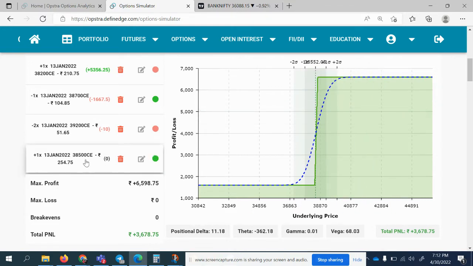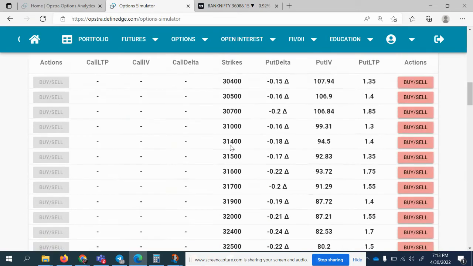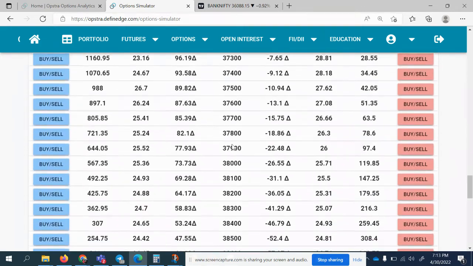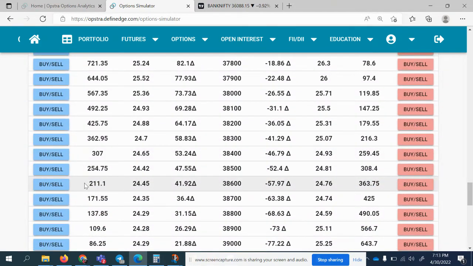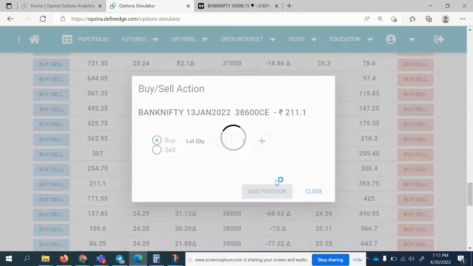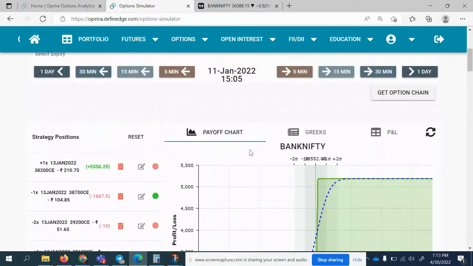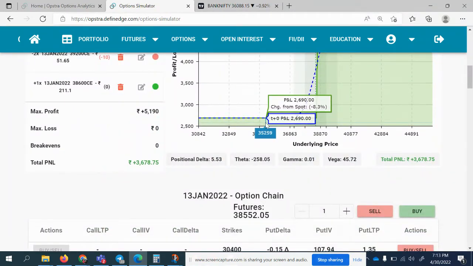Rather than buying this, we bought 38,500, I'll delete this leg, I'll go for 38,600. See, this all depends on your risk appetite. If you want more profit on the downside, I will buy 38,600. See what will happen the moment we buy the 38,600. Check the profit.